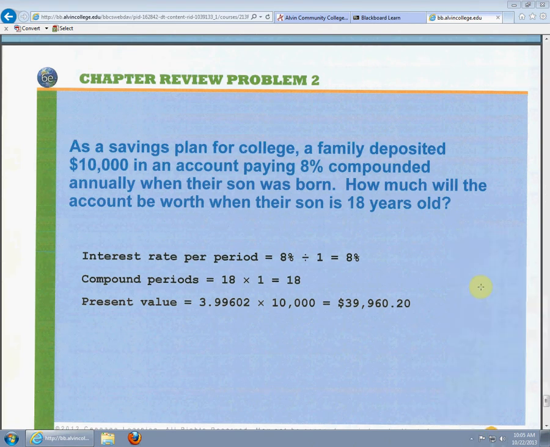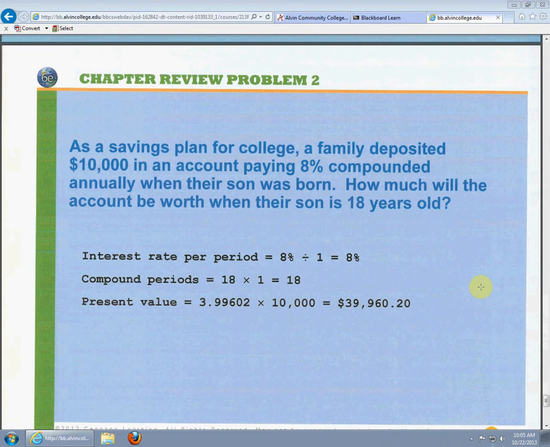The interest rate per period: we had 8%, and how many periods per year? One. So it's 8%. How many compounding periods did we have? 18 times 1 would be 18.